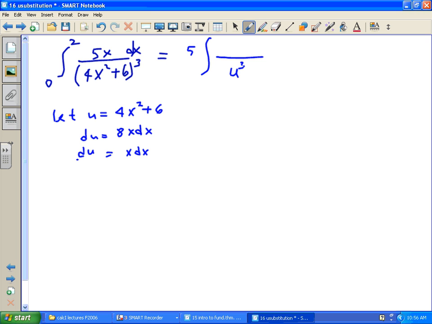So I need to put that inside the integral sign, du over 8. Because the 5 has been factored outside, and the x dx is going to be replaced by du over 8. Okay, how do we integrate this? A lot of people, I think, forgot how to integrate something like u to the minus 3 du.